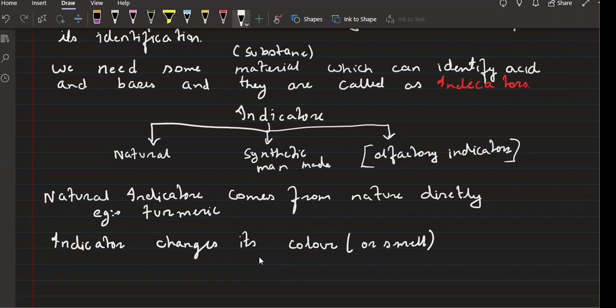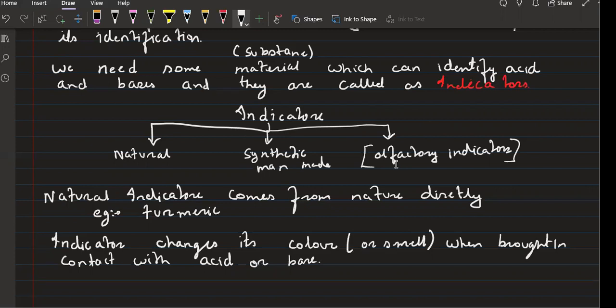For these two, natural and synthetic, it is color, when brought in contact with acid or base. Right, everyone? We'll study it already. Don't worry, I'll give you all the examples.